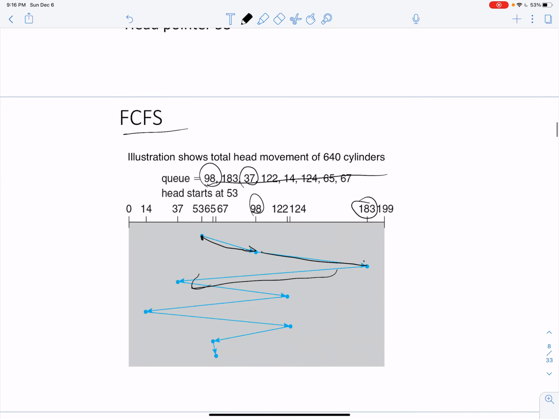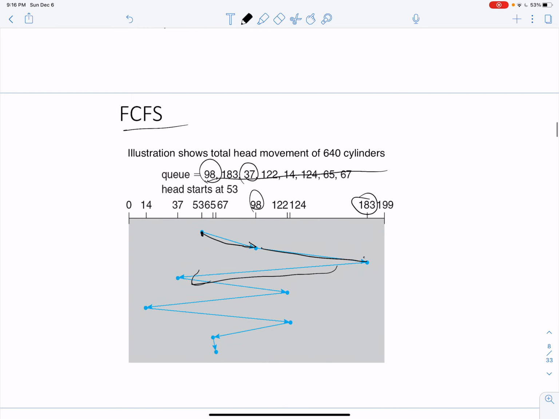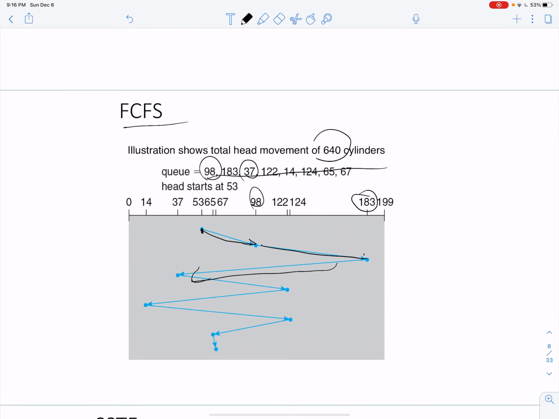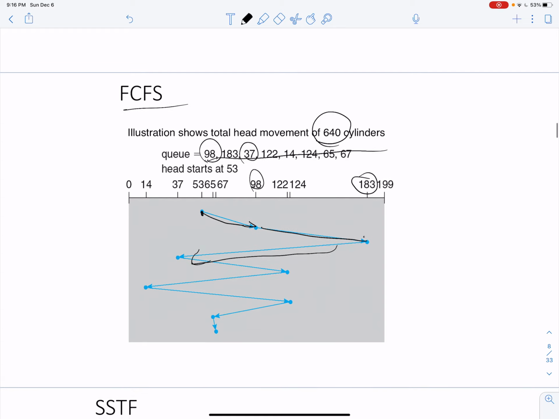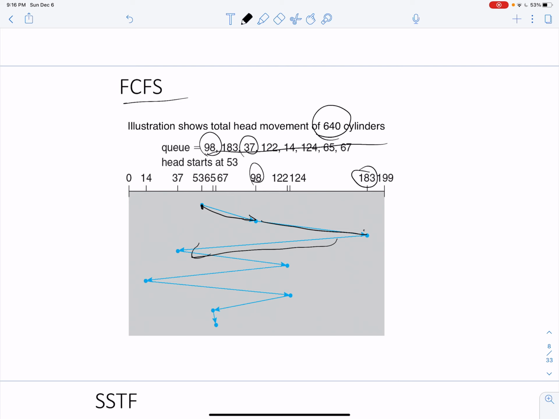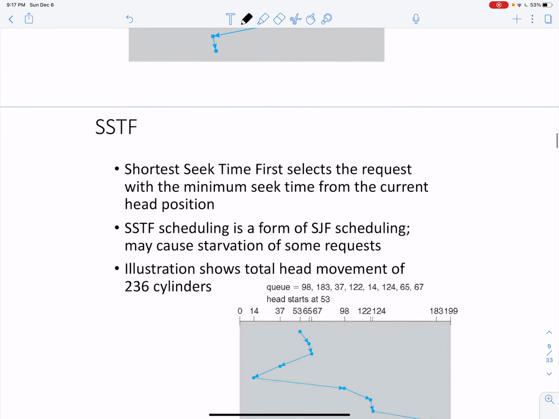If you follow this instruction and finish the whole sequence, you can find that in total we move our head for 640 cylinders, and that is a lot. That is going to take a lot of time.